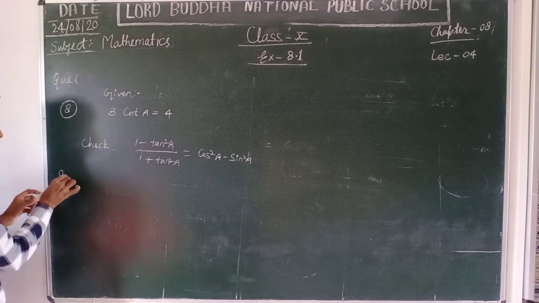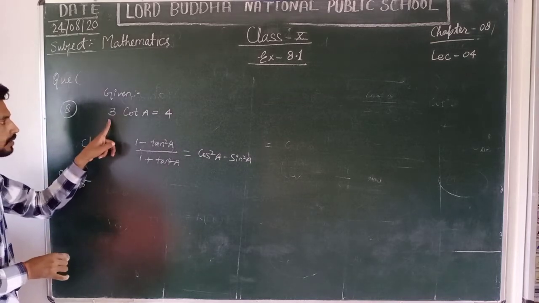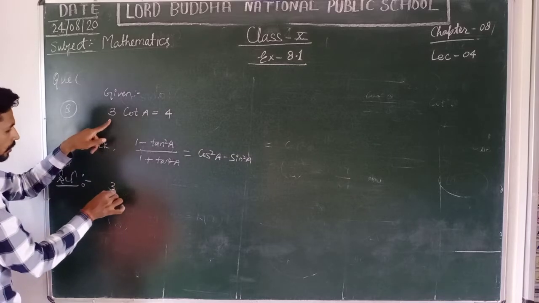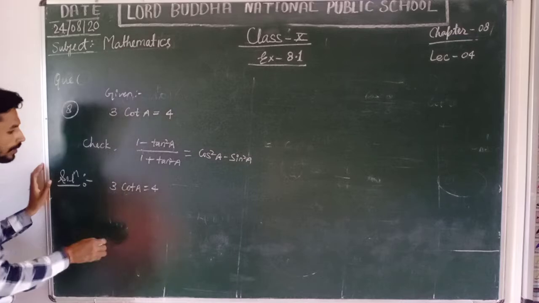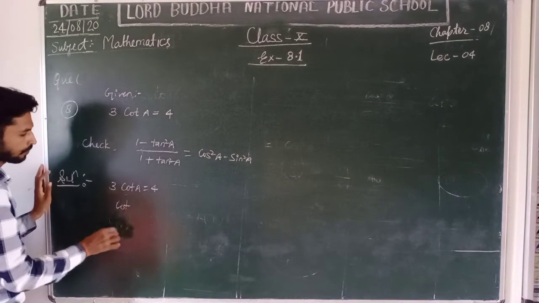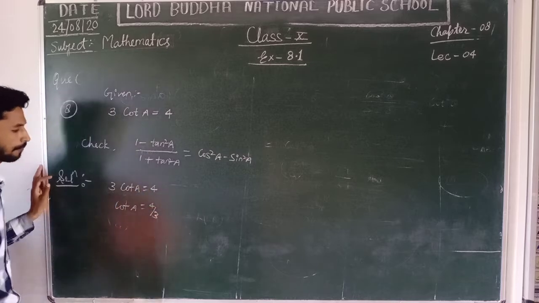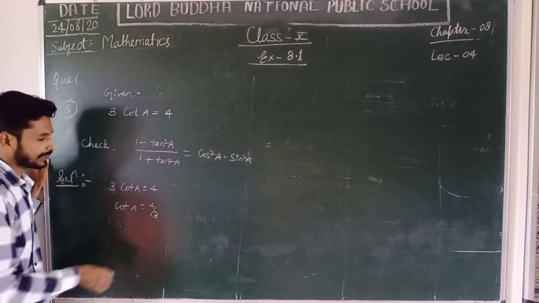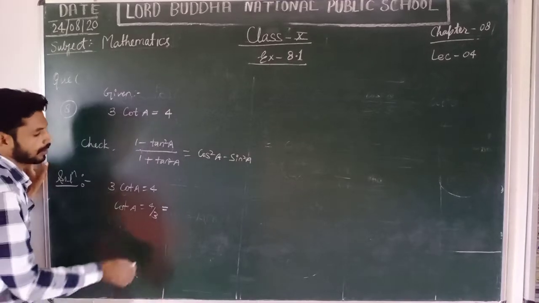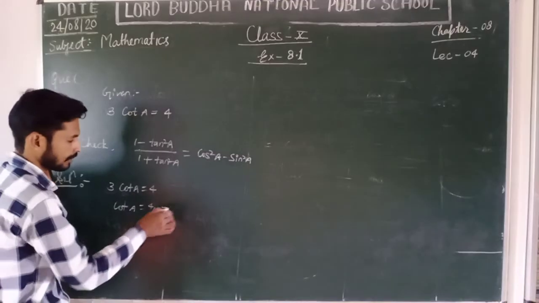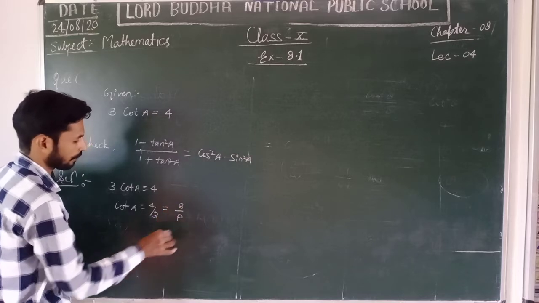Then for the solution, we will go with the given data, that is 3 cot A equals 4, and then we can say cot A equals 4 by 3, and cot is the ratio of base upon perpendicular.